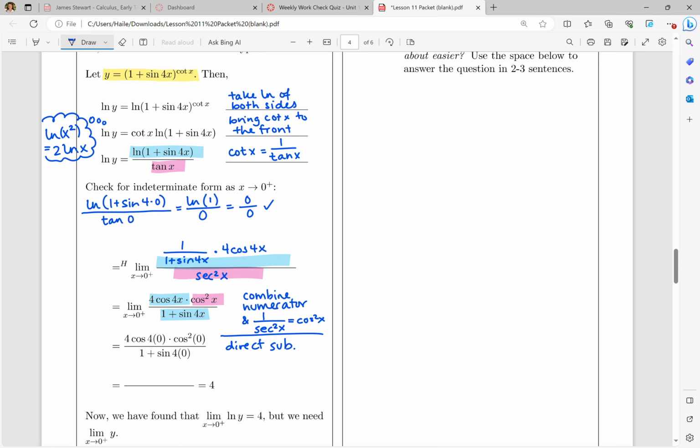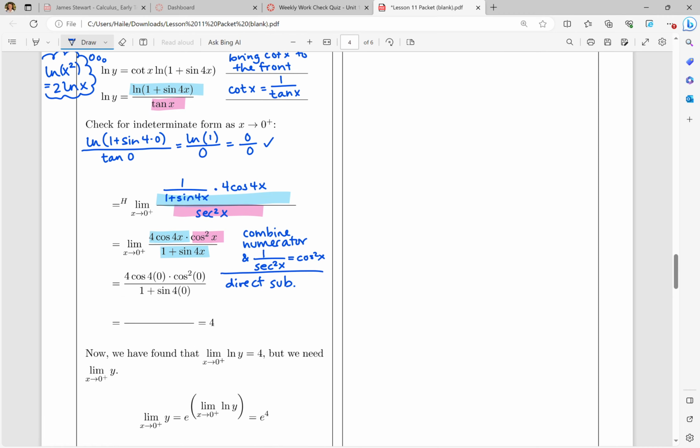So what I get from that is 4 times the cosine of 0, or 4 times 1, times cosine of 0 squared, which is 1 squared, over 1 plus sine of 4 times 0. Sine of 0 is 0. So our final answer is 4. Now, stop there, pause the video if you're getting confused again. If not, let's plow along.